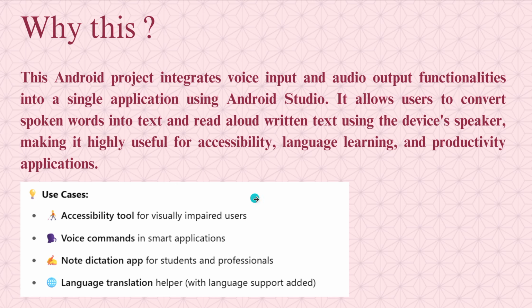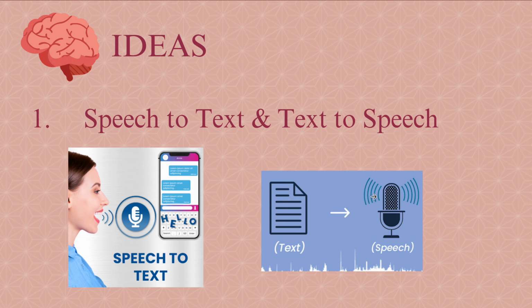And use cases are accessibility tool for visually impaired users and voice commands in smart applications, and a note dictation app for students and professionals, and language translation helper. If you are going to do this speech to text and text to speech Android project, it helps you in building other big projects like object detection for visually impaired people, because there you have to integrate the voice commands.